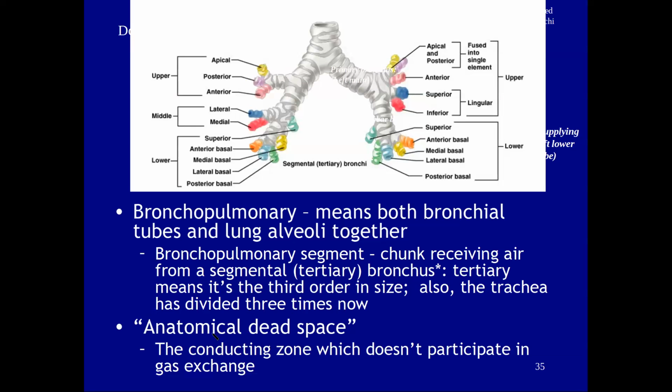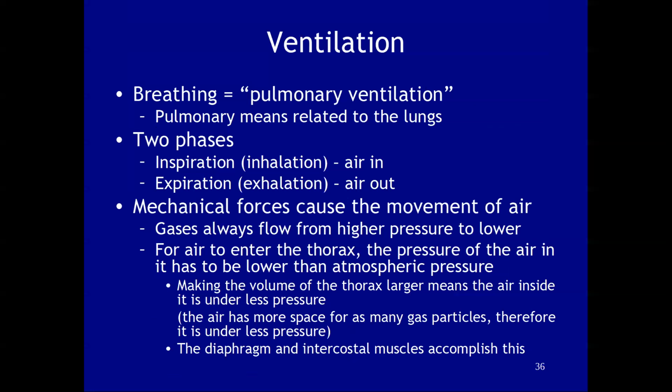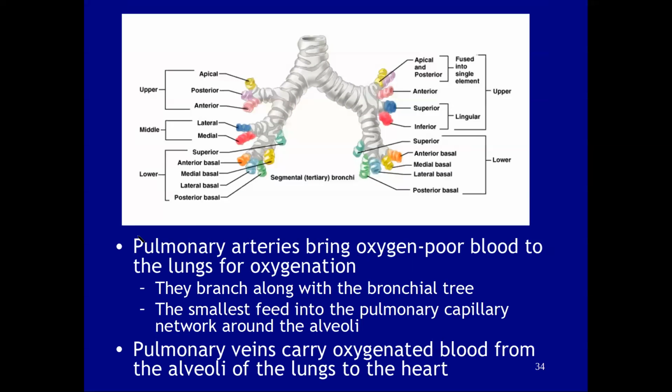It also mentions here that you have this thing called anatomical dead space within the lung tissue. Anatomical, of course, as in anatomy, and dead space. What is dead is non-functional, right? I've never seen a dead functional person. Then again, some people are lazy and they don't even notice. Anyway, this is within the conducting zone, and it doesn't do anything. I'm going to explain how that is in a second, right? So let's keep this in mind for now, right?